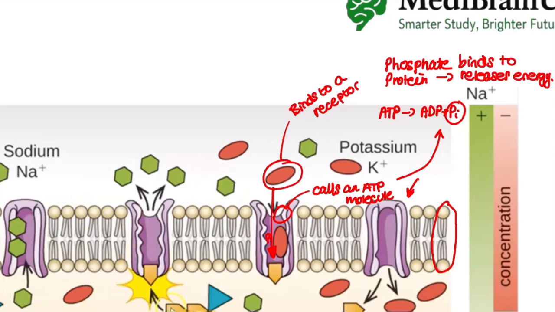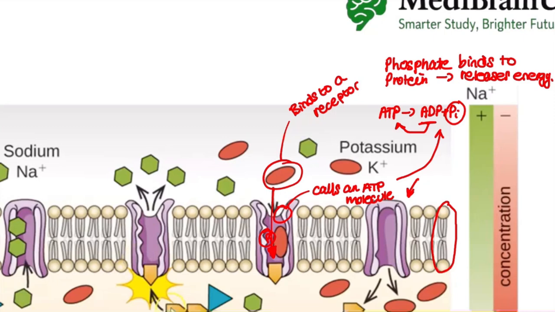Now, once it's moved across and the phosphate has used up all its energy, the phosphate will detach from the membrane protein that we have, and it will go and combine with your ADP again to reform your ATP. And because the phosphate has left the carrier channel protein, the protein can then return back to its original shape.